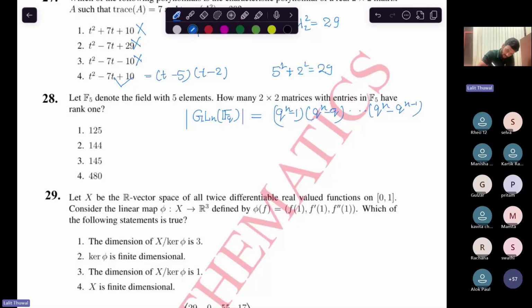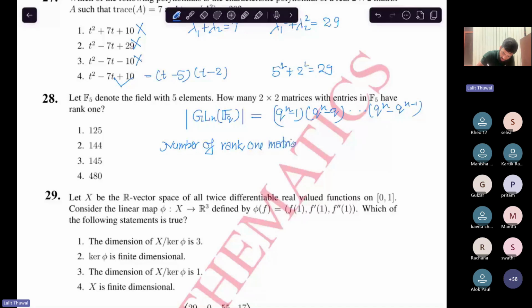So now see, the number of rank 1 matrices over F5 of order 2. Order means the dimension 2 cross 2.